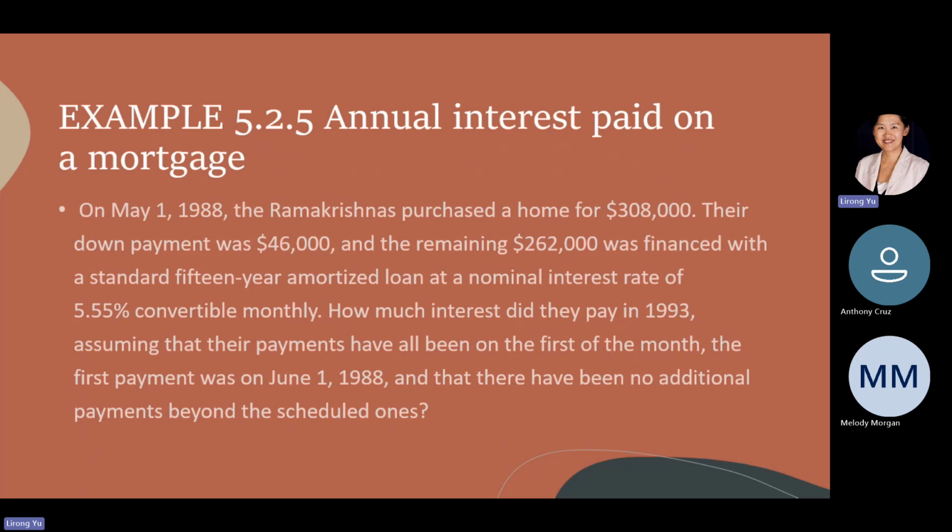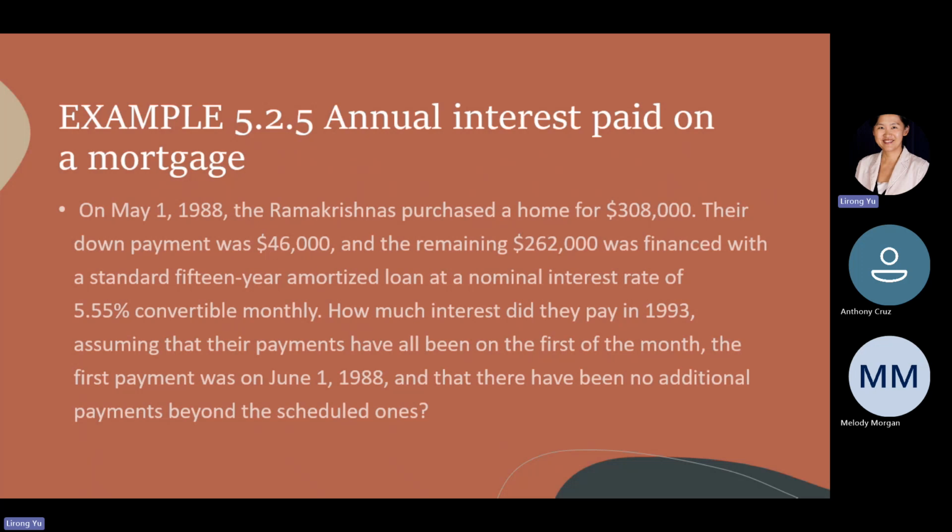The nominal interest rate is 5.55% convertible monthly. How much interest did they pay in 1993? Assuming their payments have all been on the first of the month. The first payment was on June 1st, 1988, and that there has been no additional payment beyond the scheduled one.